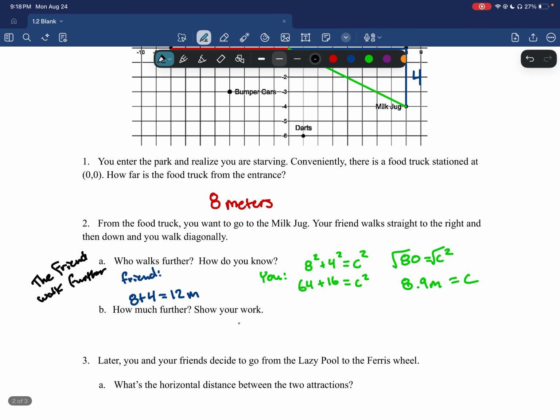How much further did he walk? Show your work. Well, if your friend walked 12 and you walked 8.9, all we have to do is subtract those two, and then we'll get our distance. So 12 minus 8.9 is 3.1 meters. So he walked 3.1 meters further than you did.